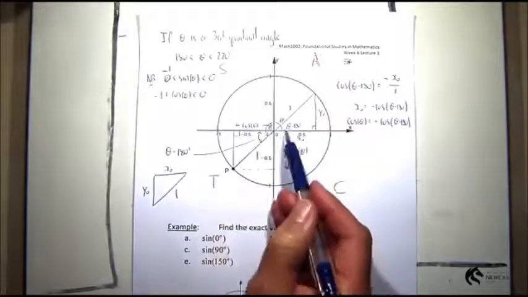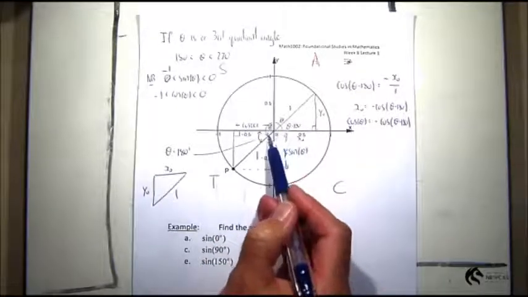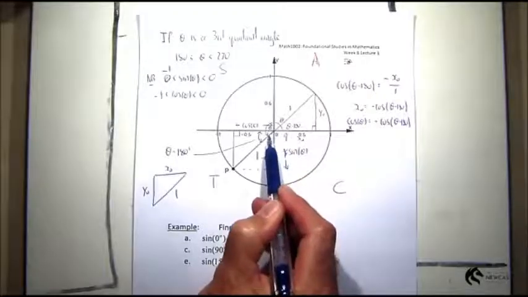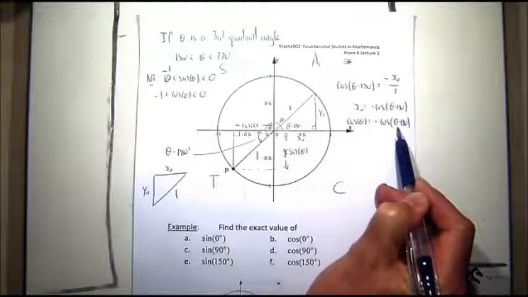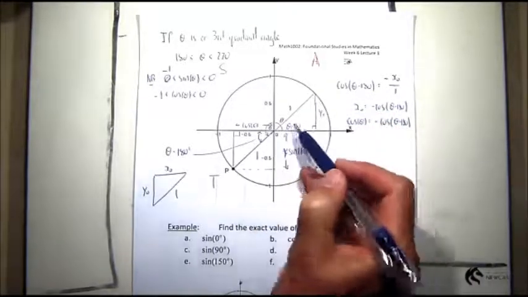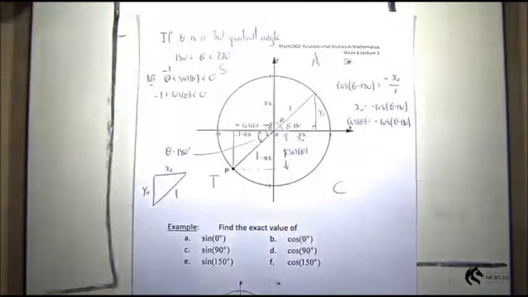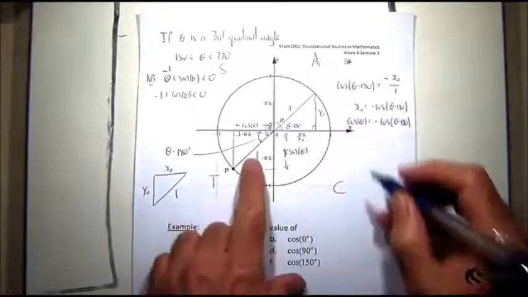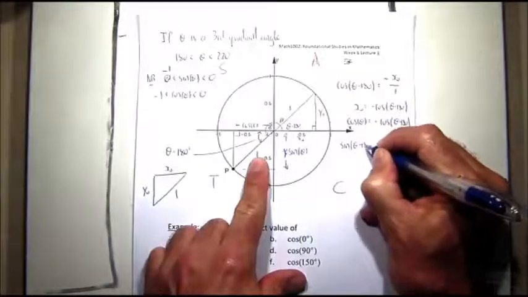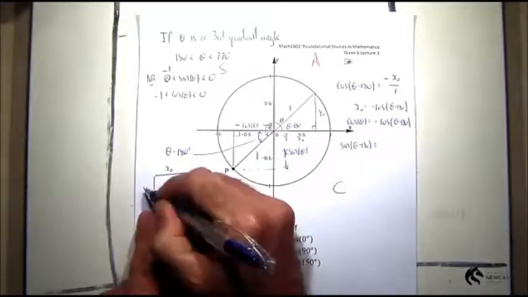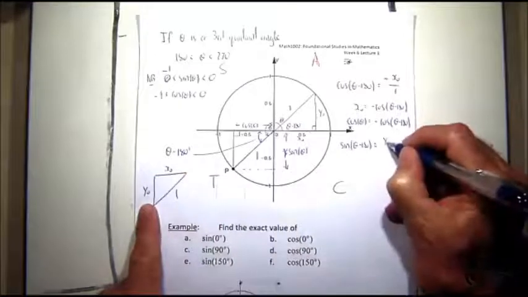So I can get the cosine of a third quadrant angle in terms of a first quadrant angle, just by drawing the appropriate right-angled triangles. And likewise, I can do the same for sine. The sine of theta minus 180 will be this distance here, whatever you like to call it. It's y naught on 1.